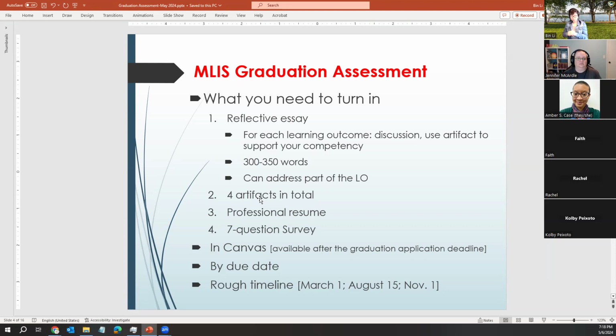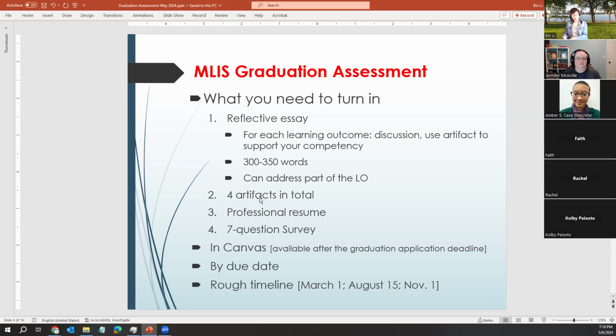The artifacts are probably more like major assignments. When you submit the assignments, the reviewers, the faculty, will not regrade your assignments. We will not grade it again or give you any comments or grades.